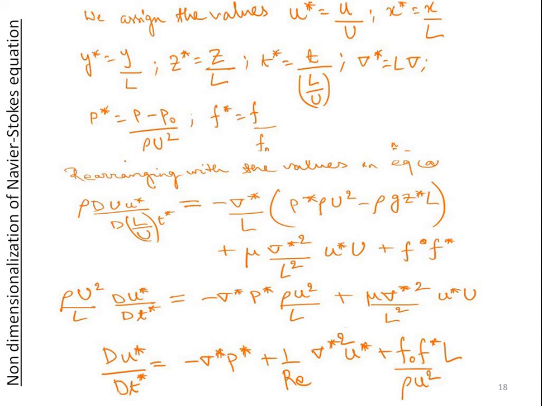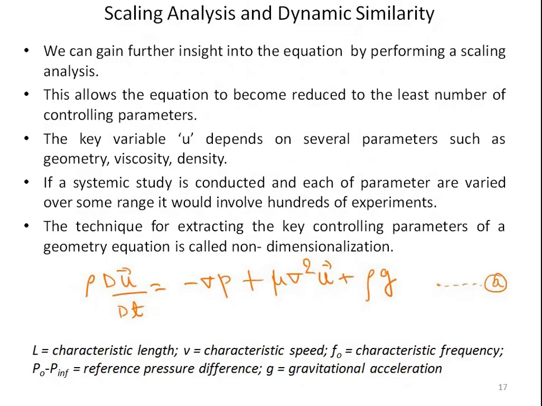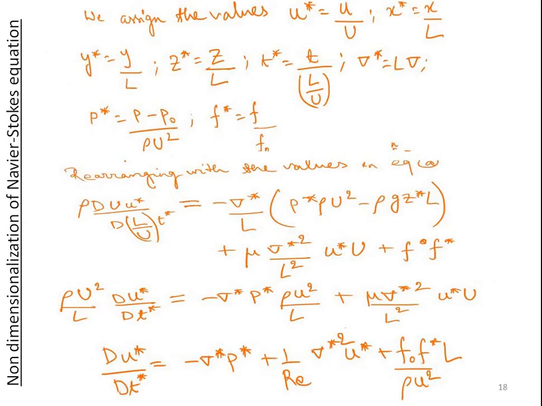So if we rearrange these values in the Navier-Stokes equation, we substitute rho du by dt with the starred variables, minus nabla star by L, and we put the value of pressure here, taking P star is equal to P minus P naught by rho U square.